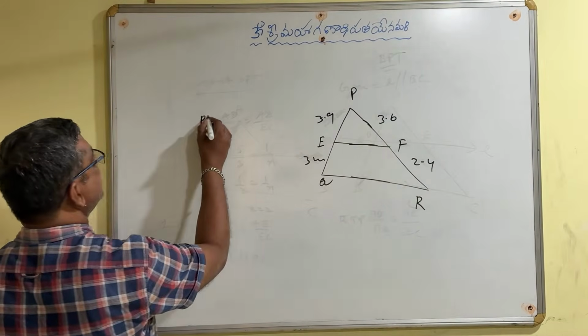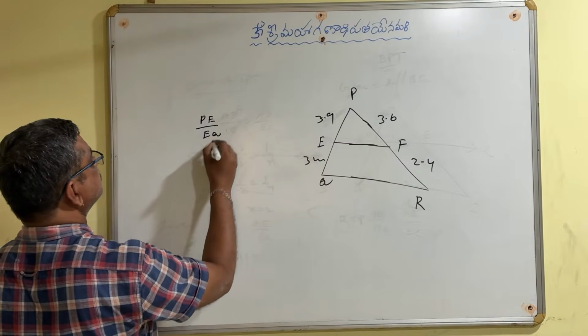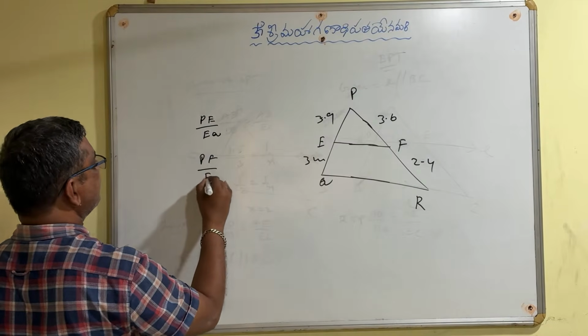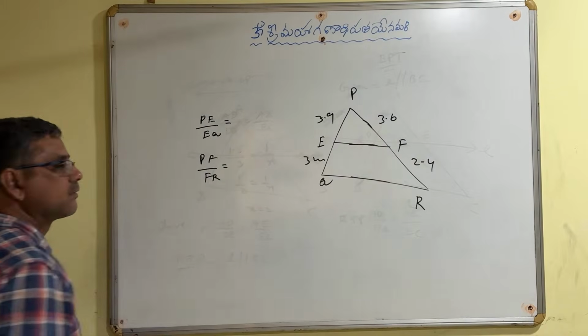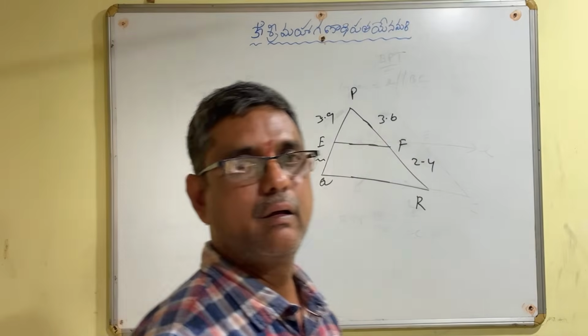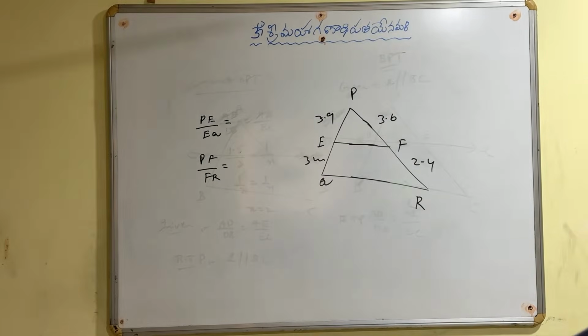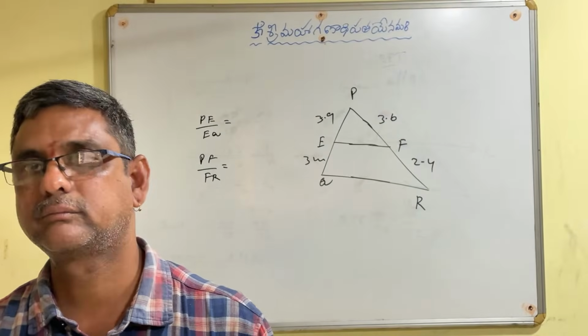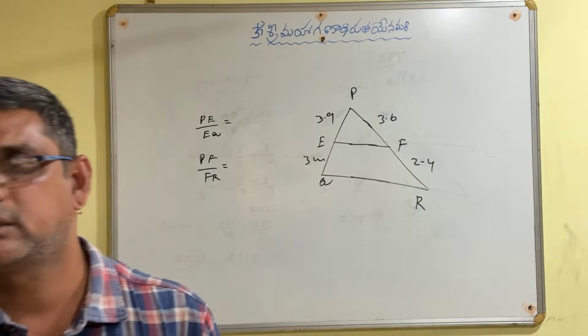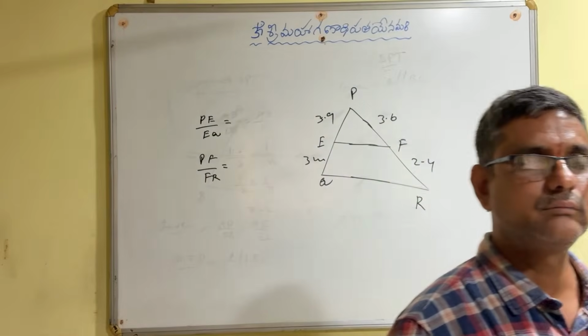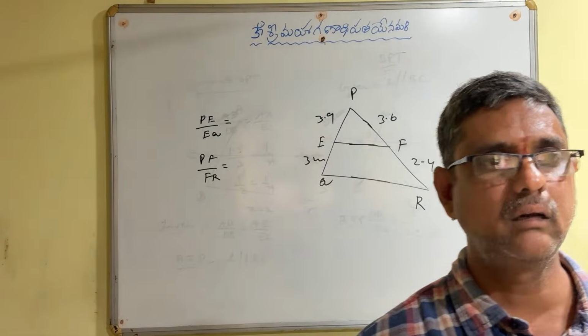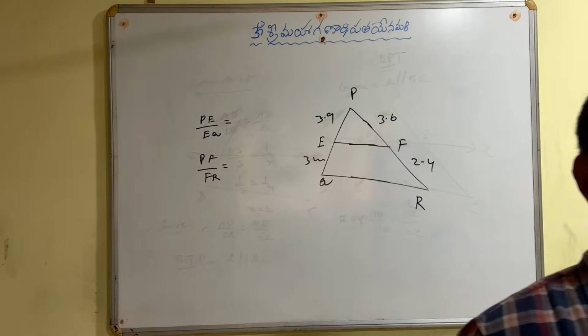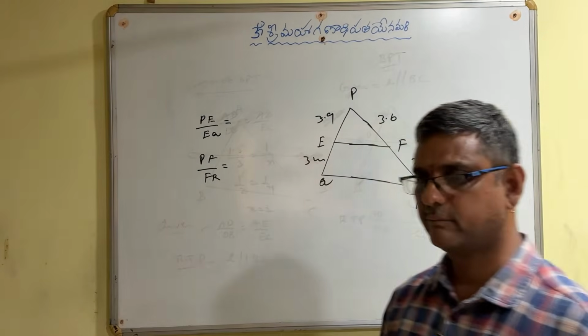We need to verify the PE by EQ value, then the PF by FR value. If they are equal, then EF is parallel to QR. If they are not equal, no. So everyone is saying no. That means the ratios are not equal. Is that right? Okay. Very good.